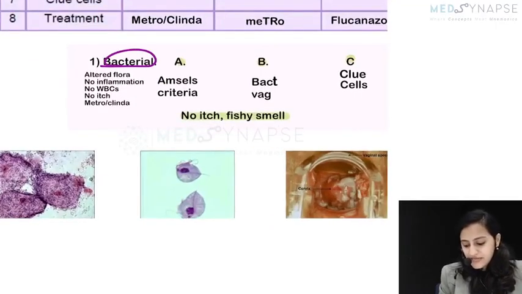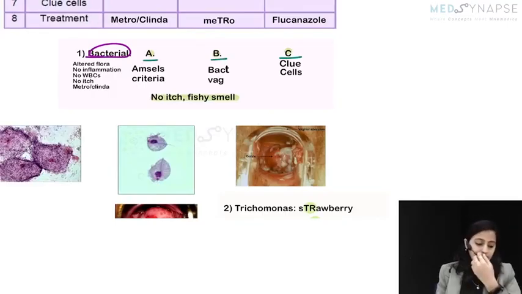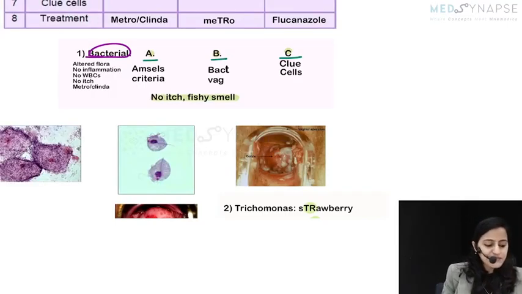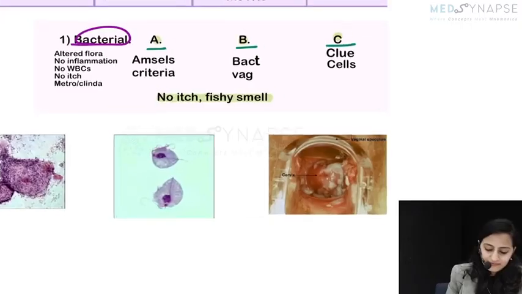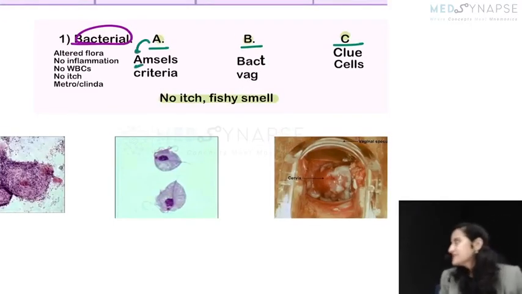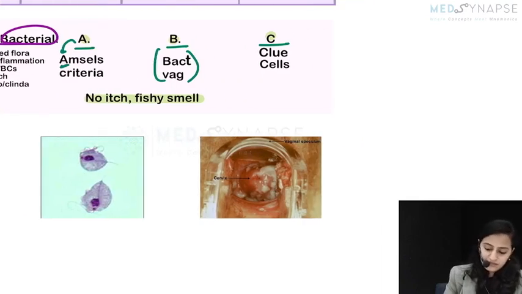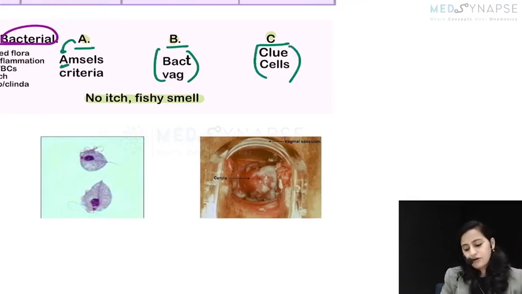Talking about the important features, first, bacterial. In bacterial, it is A, B, C. What criteria? Amsel's criteria is for bacterial. So Amsel's criteria, bacterial vaginosis. What else does it have? Clue cells.